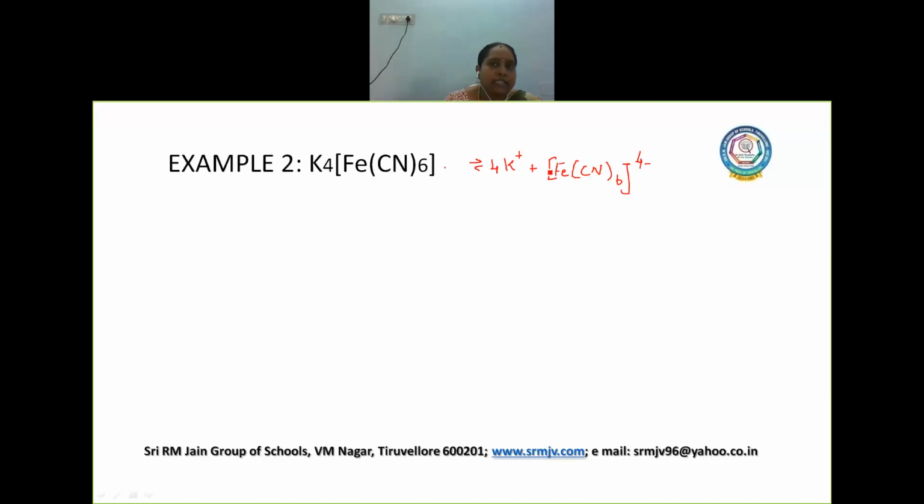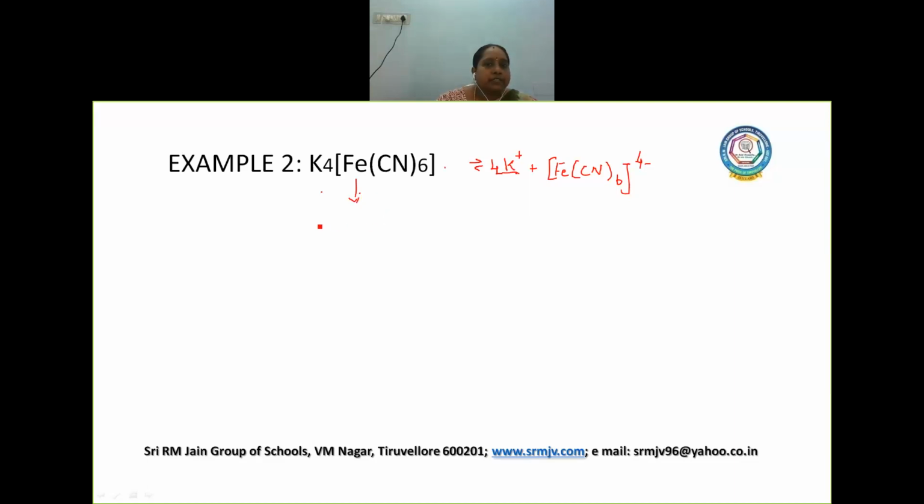Why is it 4-? Because we have 4 positive ions present here. That is why the charge of the complex is 4-. Is it clear? Now, in this complex, we have potassium and ferrocyanide. Actually, we are going to find out the oxidation number of this central metal ion.